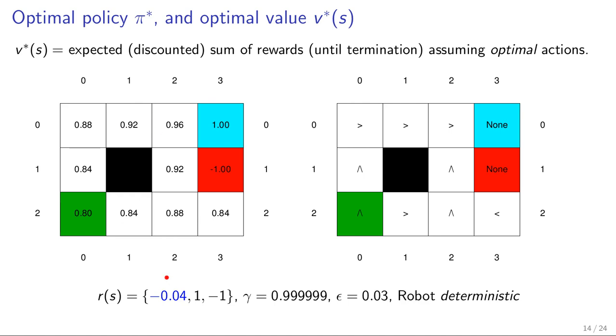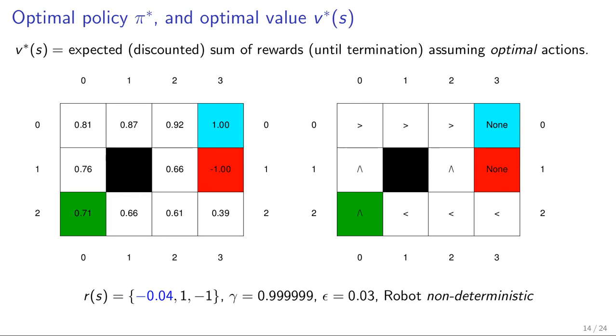The value here is another 0.04 less because I will have to pay 2 living penalties until I get here. So you see the nice propagation of that. And you see that very clearly because the robot is deterministic, right? So let's move to the next slide. Everything's the same, but the robot is non-deterministic. And the policy is, let me check, probably still the same.